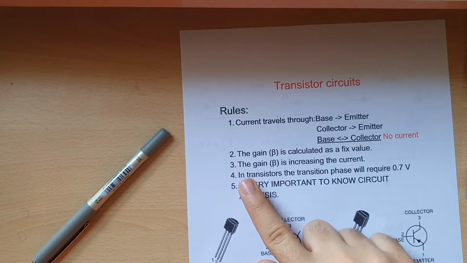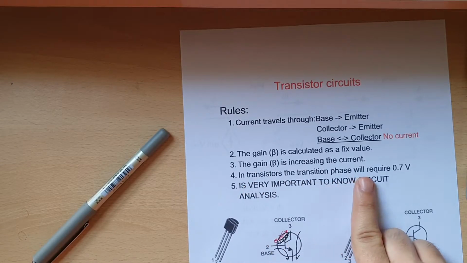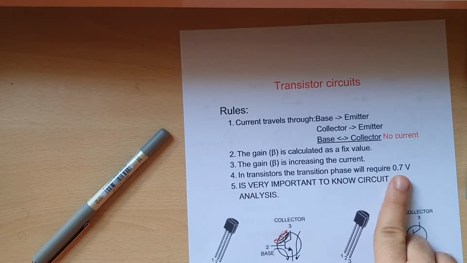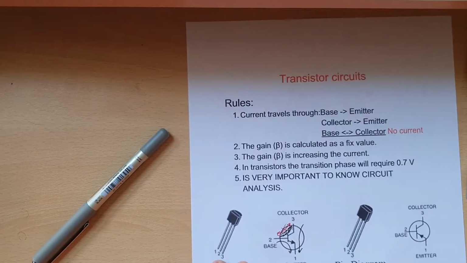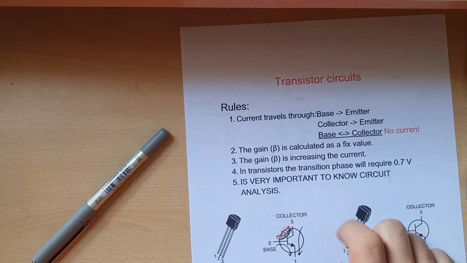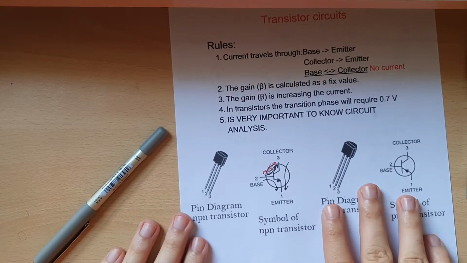But anyway, next is that the transistor phase will require 0.7 volts. Oh no, it's transition phase, sorry, will require 0.7 volts. Now, what's the transition phase?